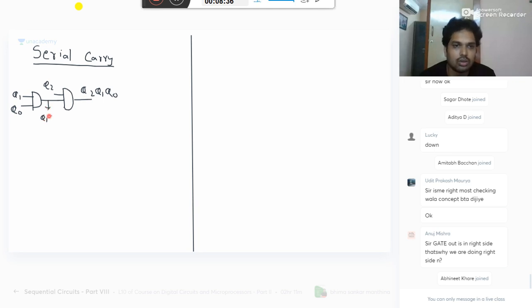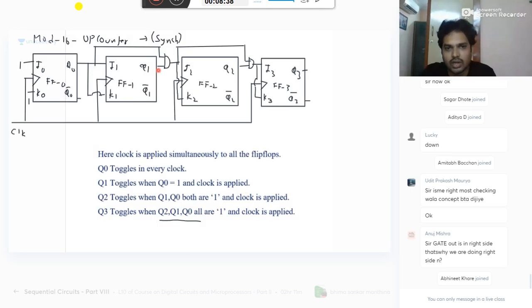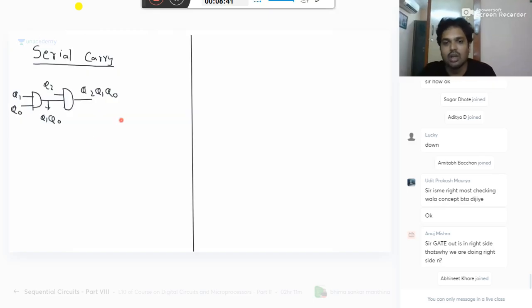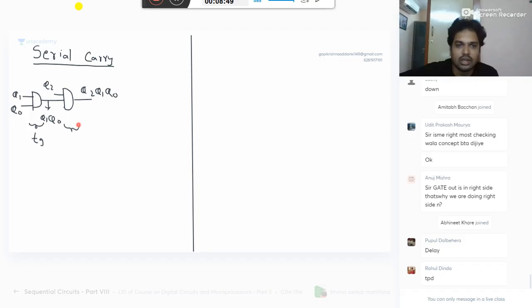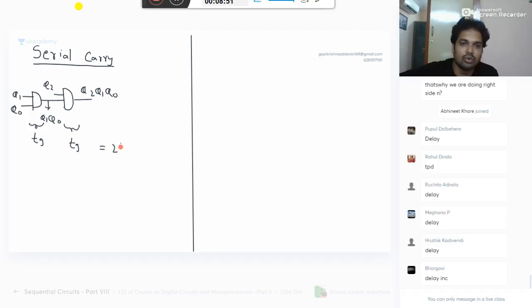What is the disadvantage in this? Please tell me. It is one gate delay, it is another gate delay, it will give you 2 gate delays. So the total delay TD is equal to TPD, that is the propagation delay of the flip-flop, plus 2 times gate delay.